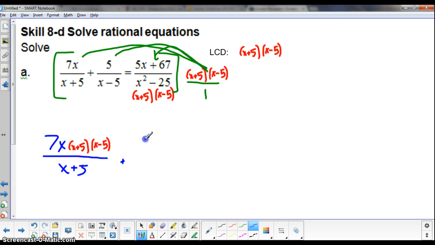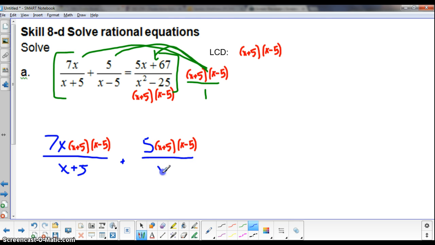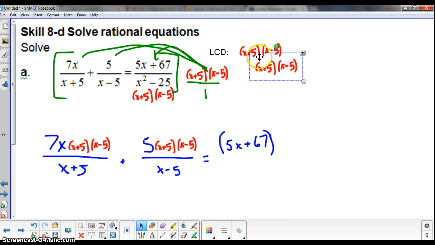And then it's plus 5 times the least common denominator. So you're just distributing this out, and if you just write it out, it does take a little bit more time, but you can begin to see what's going to happen here. I'm going to put this in parentheses, 5x plus 67, and then that least common denominator.